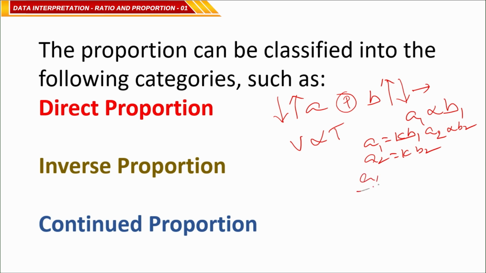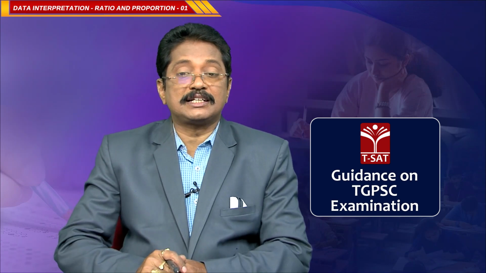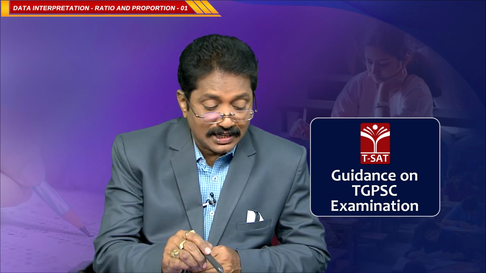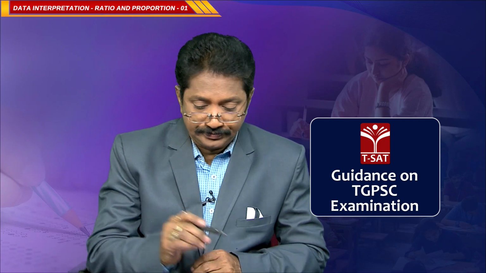So then you can say A1 by A2 is equal to B1 by B2. If A1 by A2 is equal to B1 by B2, then we can say those two quantities are in direct proportion. Or A is proportional to B, then you can say A equal to KB, where K is a proportional constant. Clear? That is called direct proportion.